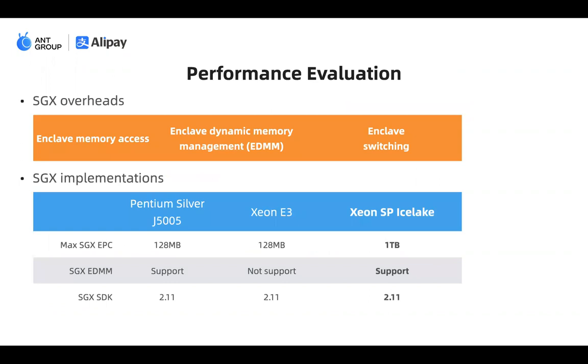So we have conducted some performance evaluation. We are specifically interested in 3 types of SGX-specific overheads, which are enclave memory access, enclave dynamic memory management (EDMM), and enclave switching. We compare the 3 different SGX implementations on 3 platforms: Pentium Silver, which is a low-end Intel processor, and Xeon E3, which is the previous generation of Intel's SGX offering for data center servers.